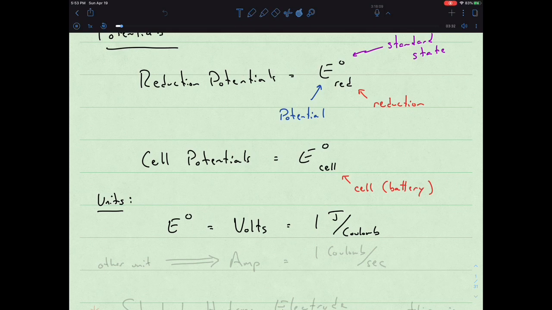Other units would be the amp, and the amp is 1 coulomb per second. So we have those two different ideas.